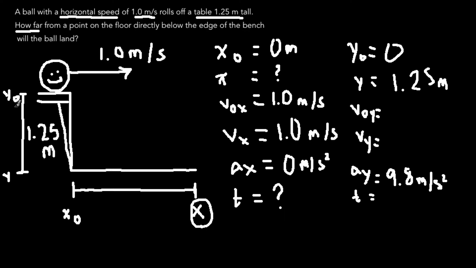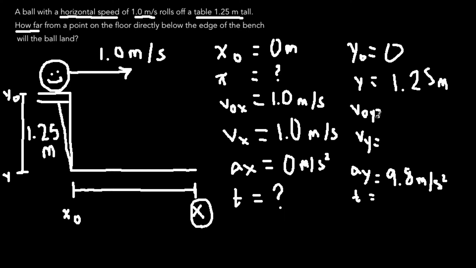With y naught set up here and y over here, it's consistent with what we've set for acceleration. We said that acceleration is 9.8 meters per second squared this way, and that it was positive. Likewise, that should be consistent with the change in position. So this should be 0, and it should be going towards the positive direction.